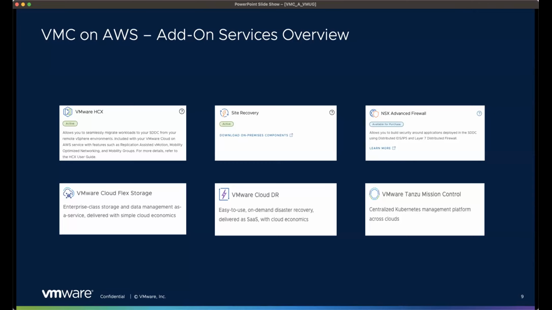HCX is free, and the basic version of Tanzu Mission Control is also free. These are the ones that I can just activate. By the way, HCX, if you know that from the on-premises side, you know that there's an Advanced and an Enterprise license. The functionality that comes with HCX Cloud is compatible to that of HCX Enterprise, right?